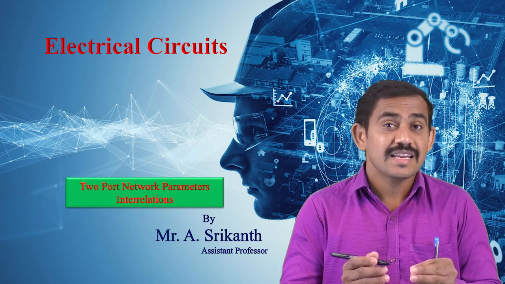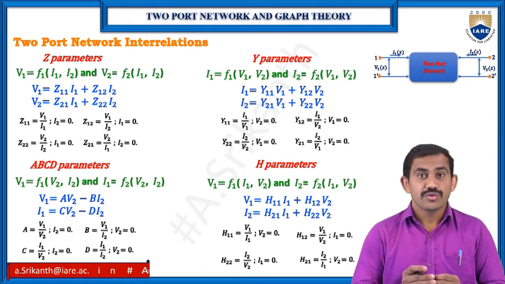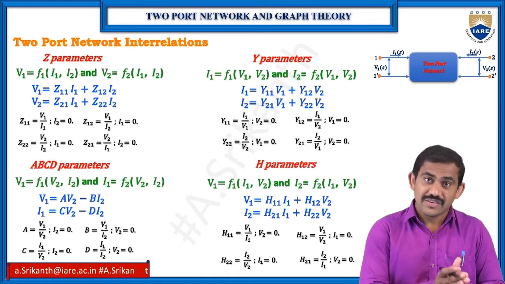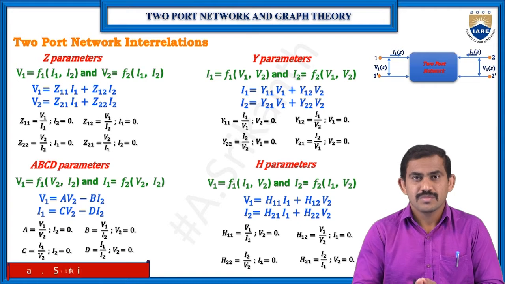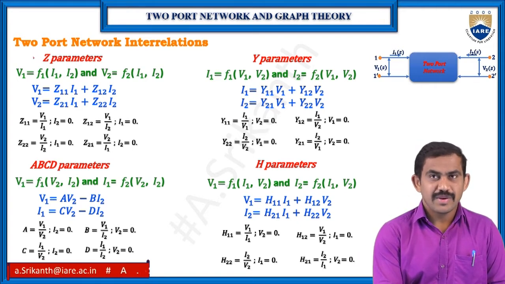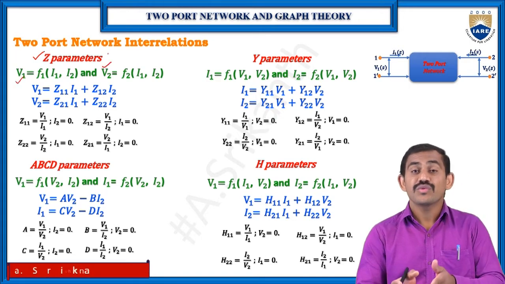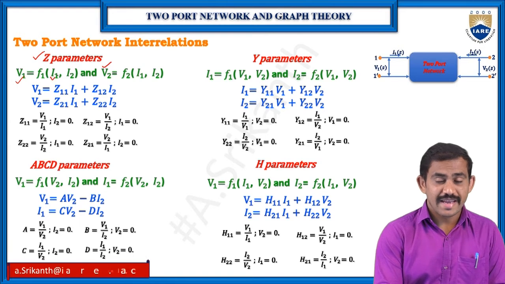So before moving to the internal relationship, I want to recall which parameters have which equations, in which form. Z parameters give V1 and V2 in terms of I1 and I2.